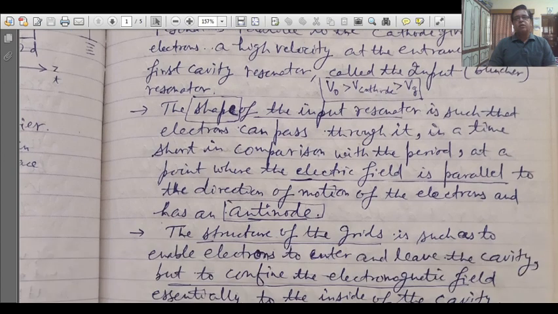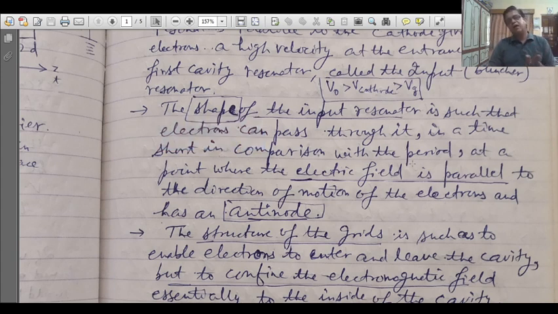Now what happens after the electrons enter the buncher cavity? First of all, what is the shape of the input resonator? It is such that electrons can pass through. The shape can be designed like that, in a time short in comparison with the period.